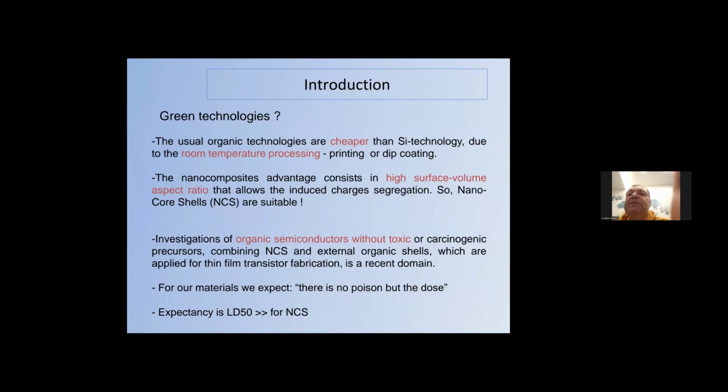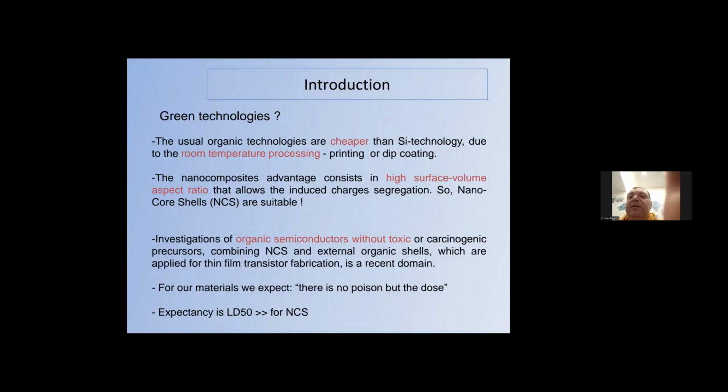Then the nanocomposites' advantage consists in a high surface to volume aspect ratio that also allows the induced charge segregation. So nanocore shell are suitable. Investigations of these semiconductors without toxic configuration, in particular, you see the previous papers that report also carcinogenic effects.